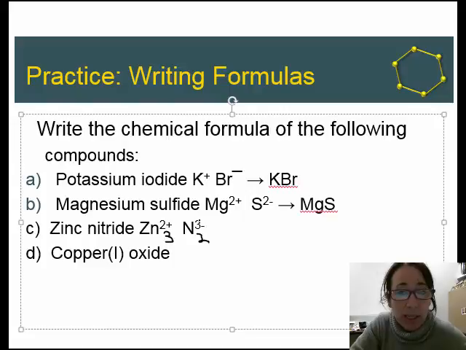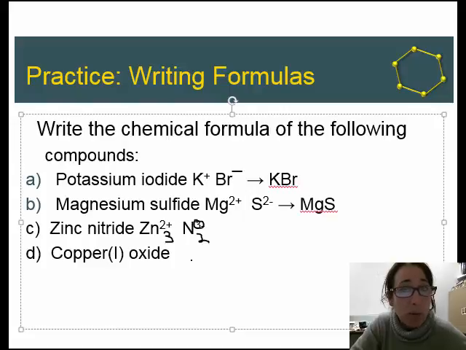And you may have noticed that the 3 is also the charge of the nitride and that 2 is also the charge of the zinc. That's just kind of a coincidence, because when we're looking at the least common multiple, that's not what we're looking at. When we look at the least common multiple of small numbers, we usually get that by multiplying numbers together.